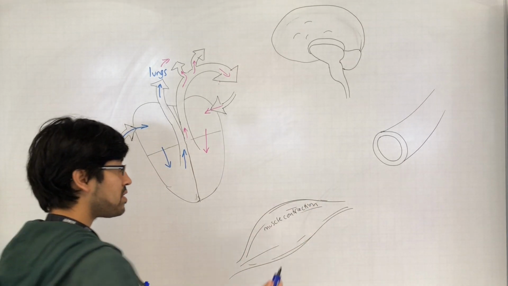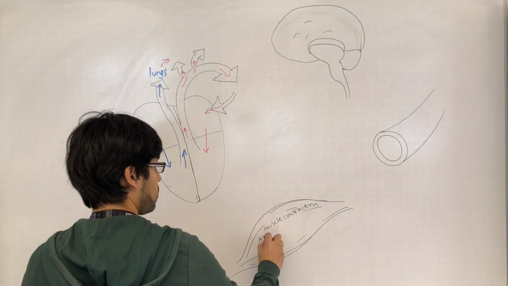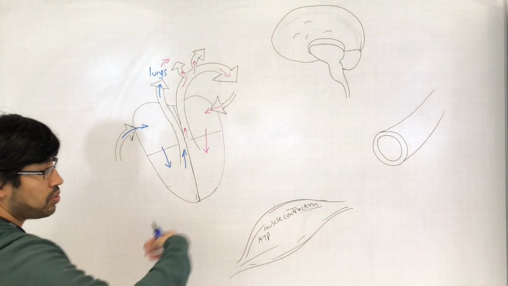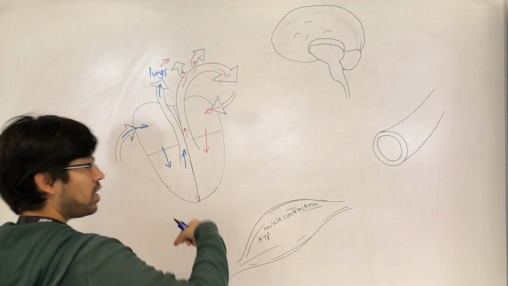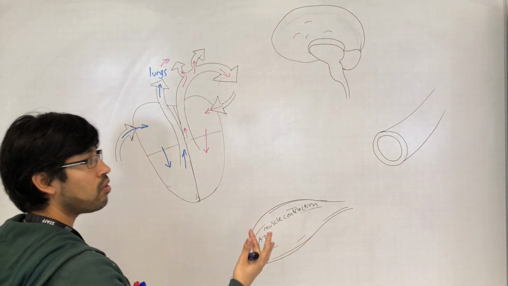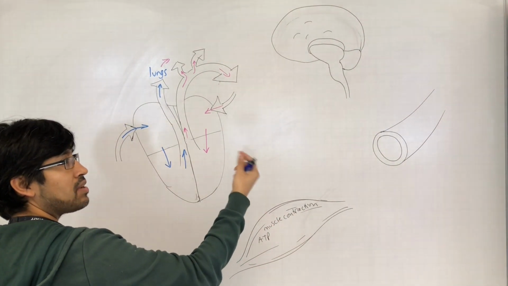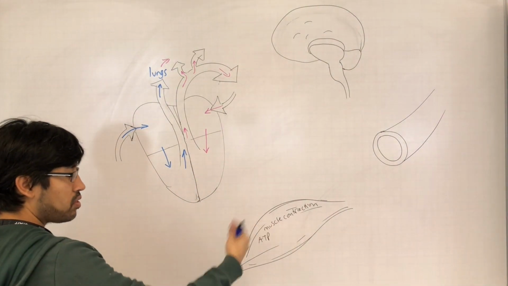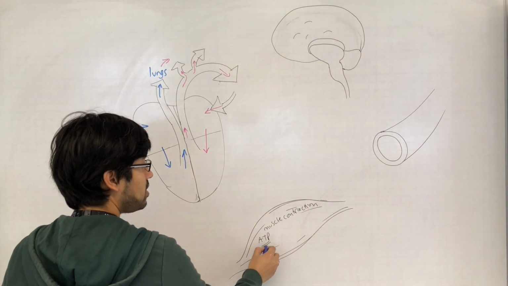Remember that requires ATP for the sliding filament hypothesis. In order for the cycle of attachment of the myosin head to the actin fibers, and detachment, to happen, you need ATP.